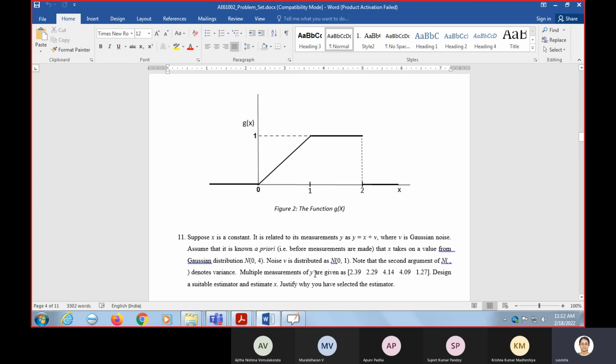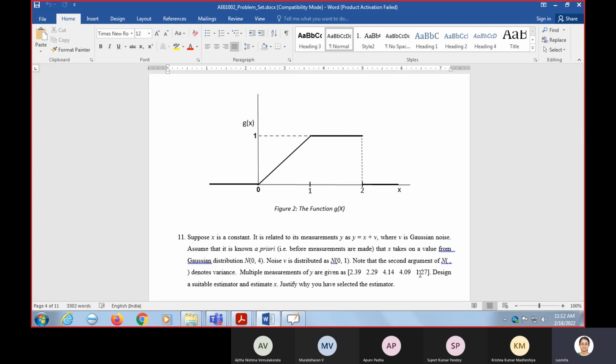Multiple measurements of y are given as follows, so we make different measurements of y for the same constant. x is a constant. x does not change with time. So we have 1, 2, 3, 4, 5 measurements of y for the constant. Design a suitable estimator and estimate x.